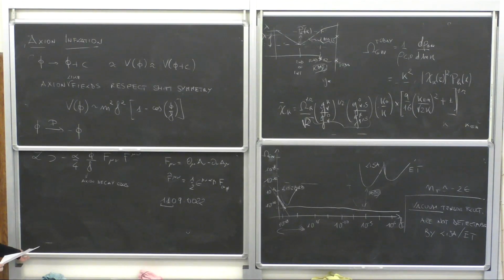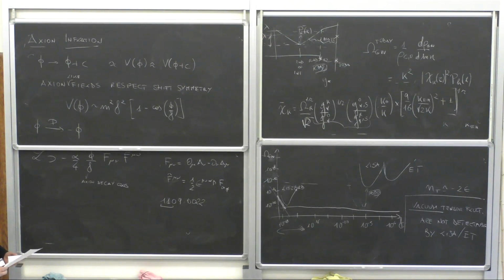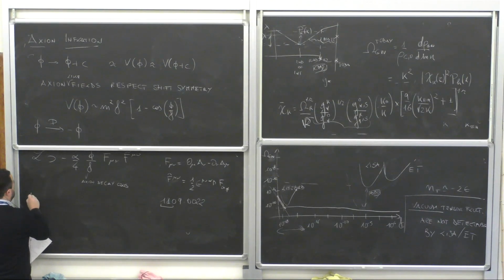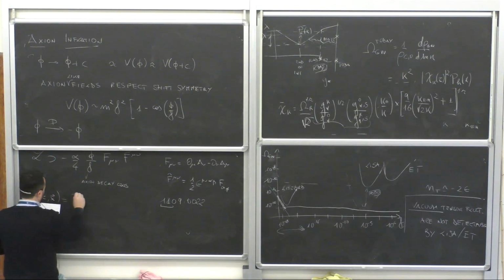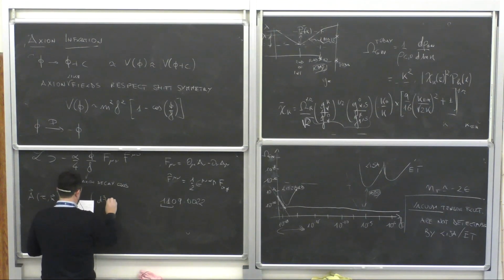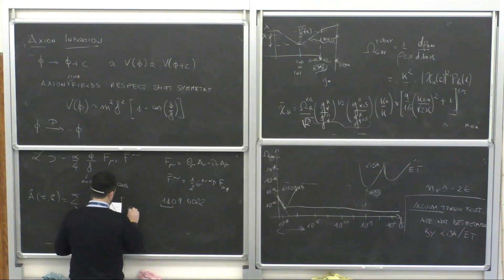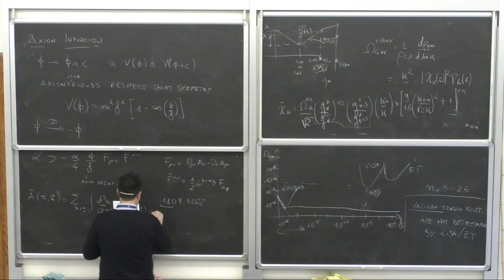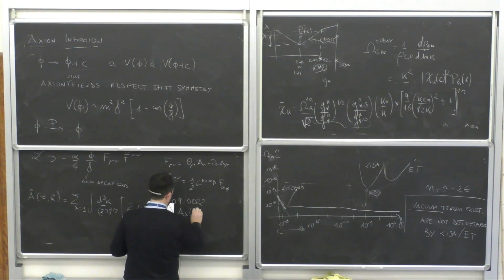So I can decompose my gauge field A, again assuming two polarizations. It is a similar decomposition to what you have for the other fields: A lambda of k, A lambda of k and tau, e to the i k x plus the conjugate.